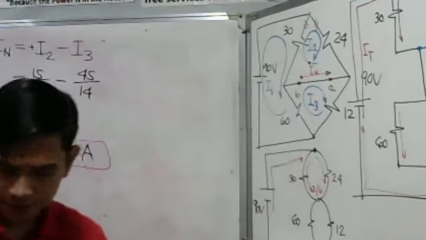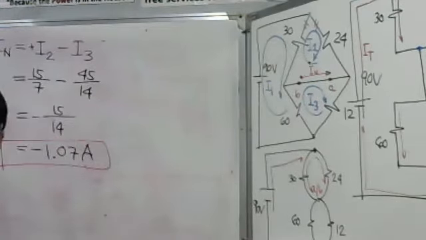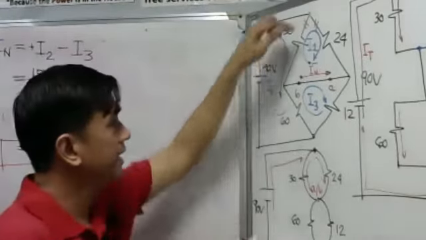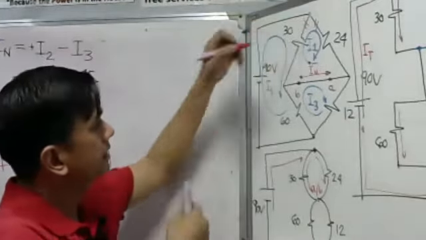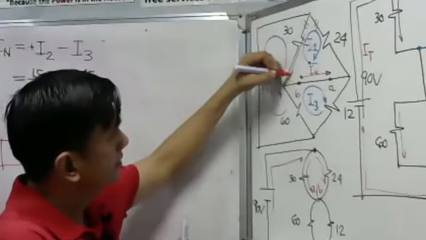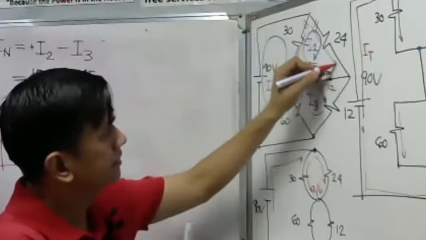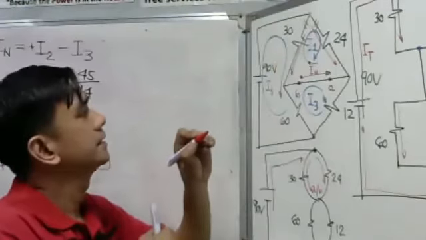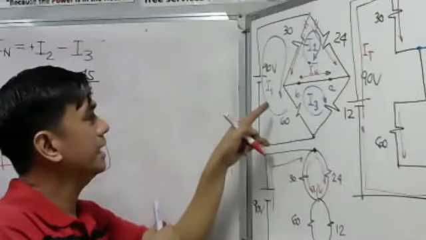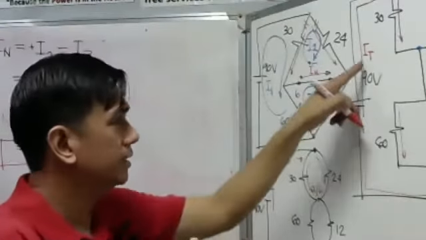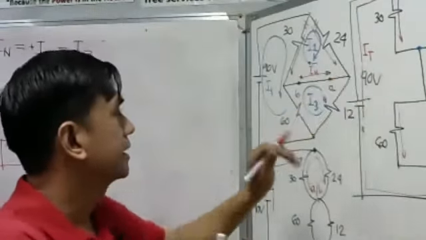Take a look here. I will have a current here because I said that there is a parallel circuit. This is this current and then this is current. Let's say we have a current I total here. This is I total.